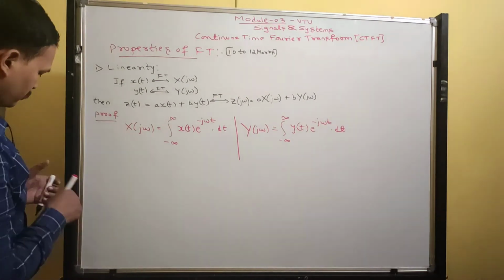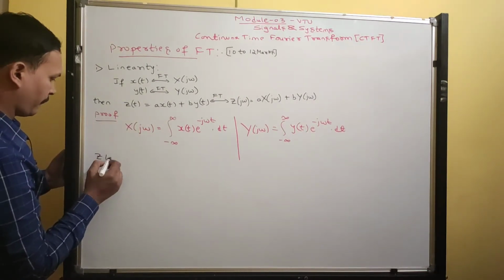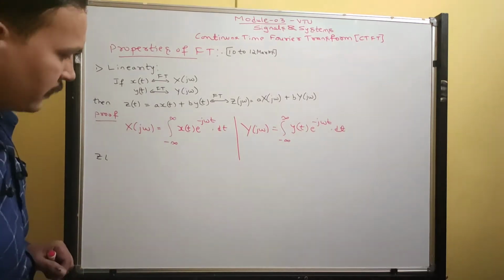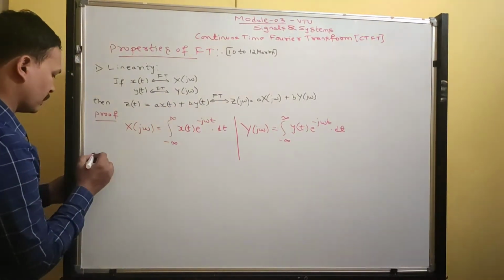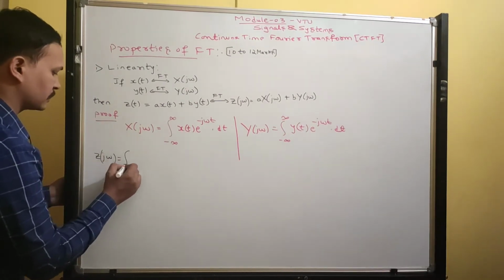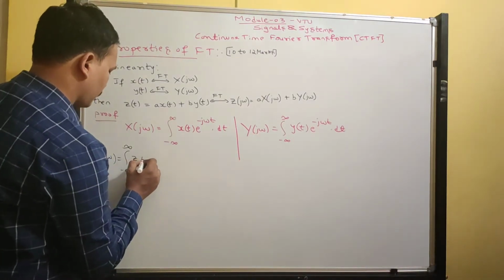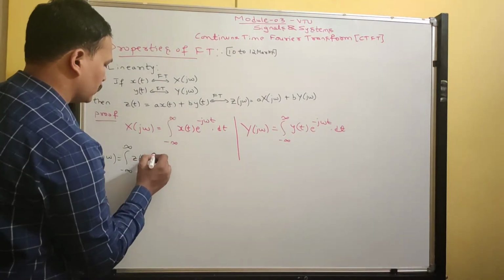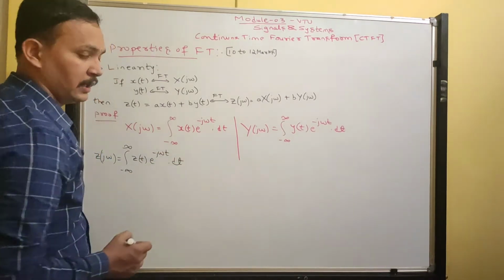Now we can write z of t also. What is the Fourier transform of z of t? Z of j omega is the integral from minus infinity to infinity of z of t into e to the power of minus j omega t dt.